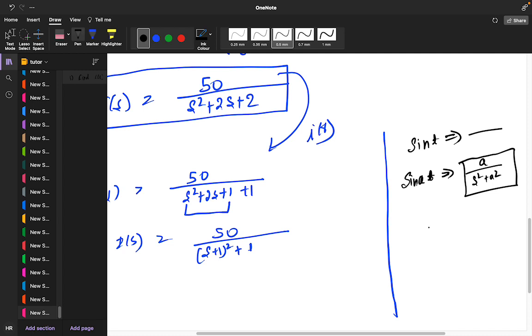And if you are getting some function like this, what is the Laplace transform of e power minus at? The Laplace transform of e power minus at is 1 divided by s plus a.